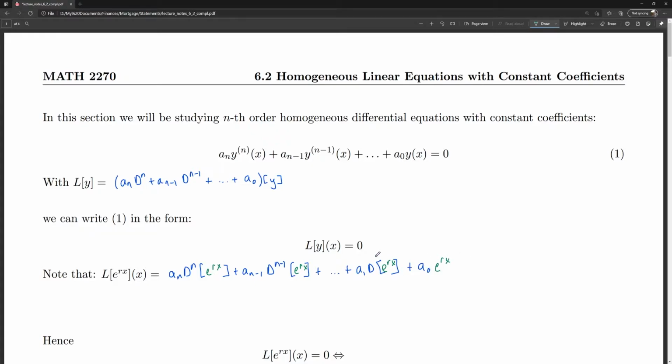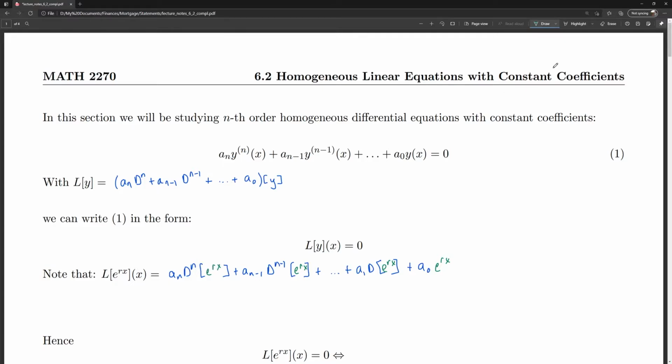Now, when you take the derivative of e to the power rx, that's again e to the power rx, but an r moves to the front. And then if you take the derivative of that again, then you get an r squared. So all these powers of the differential operator translate into powers of r.